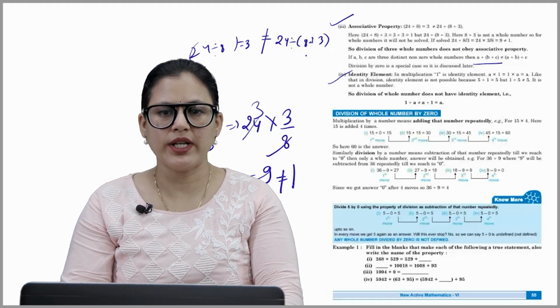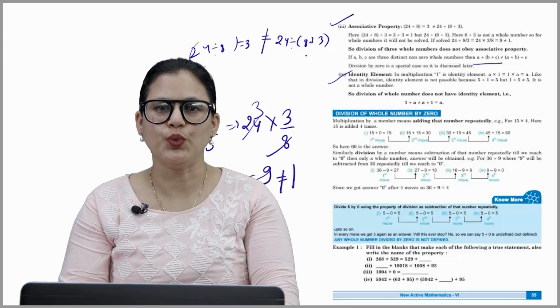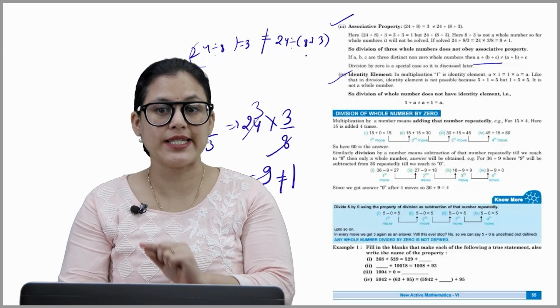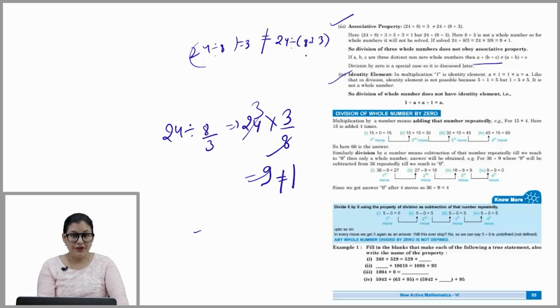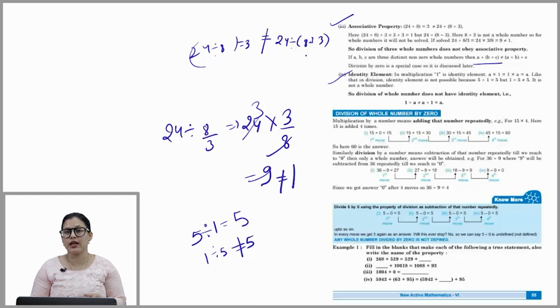In multiplication, 1 is the identity element as A into 1 is equal to 1 into A is equal to A. Like that, in division, an identity element is not possible because 5 divided by 1 is equal to 5, but 1 divided by 5 is not equal to 5. It is not a whole number. So division of whole numbers doesn't have an identity element, that is, 1 divided by A is not equal to A divided by 1, which is equal to A, right?